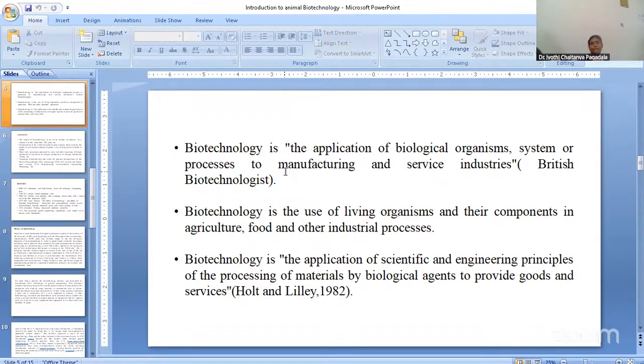Along with that, we have gene therapy and the Human Genome Project and ethical issues in genetic engineering and transgenics. All these we study by using biotechnology.